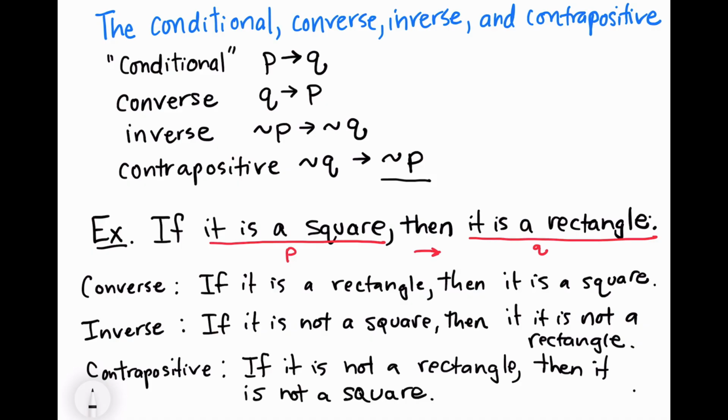So this is just an example of a conditional and the three related statements, the converse, the inverse, and the contrapositive. So I want to say a word about the equivalence of these statements.